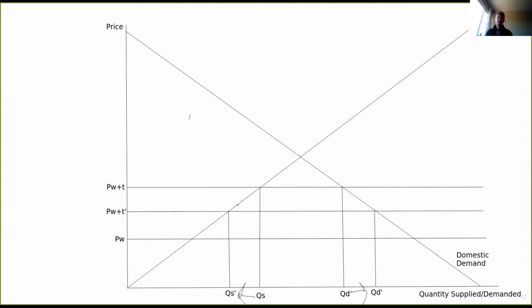And so as a result, we've had demand increase and domestic supply decrease. So now we have a larger amount of imports, and that makes sense because when we reduce tariffs, imported goods are cheaper, and so we'd want to import more of those goods.